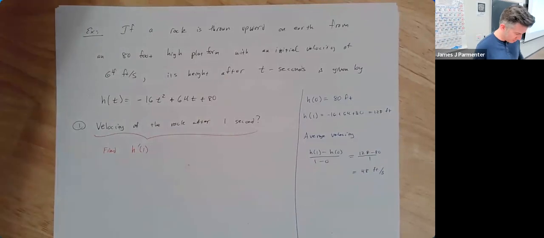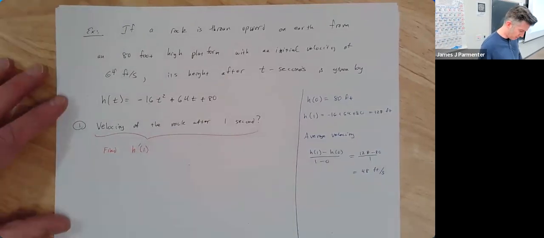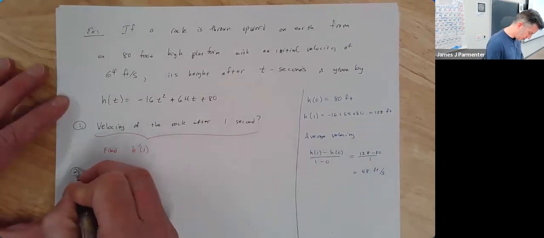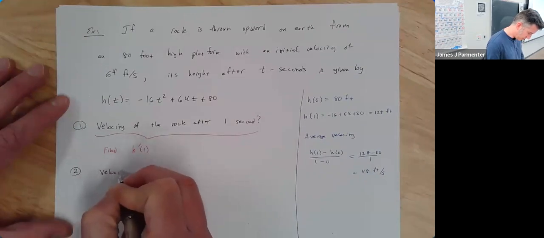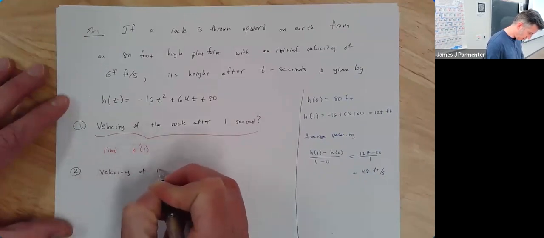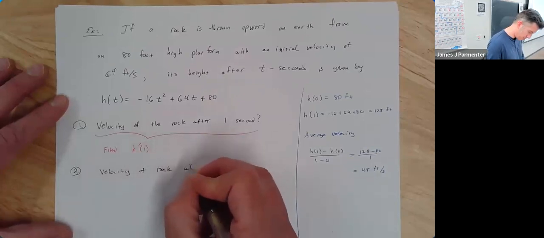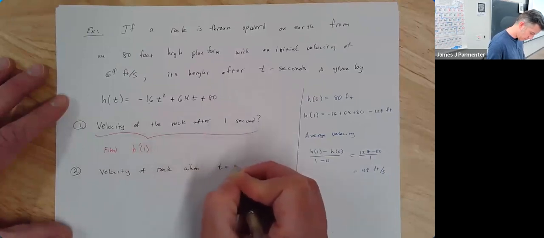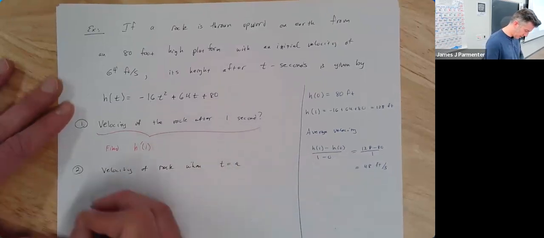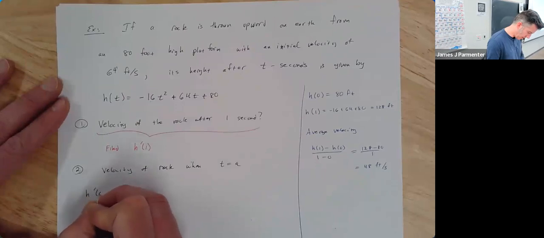So let's skip this question and come back to it. Question 2 is the velocity of the rock when time equals a. In other words, they're asking to find h prime of a.